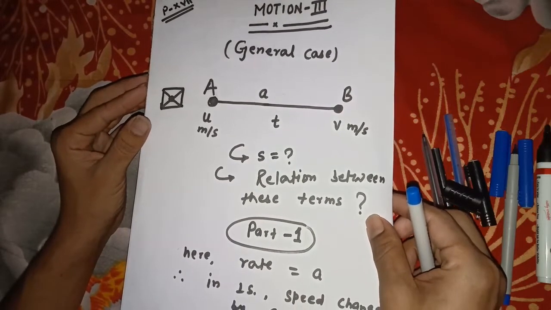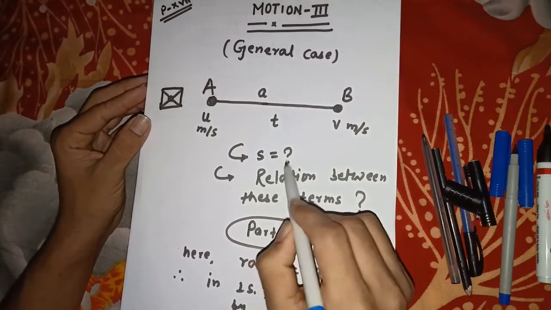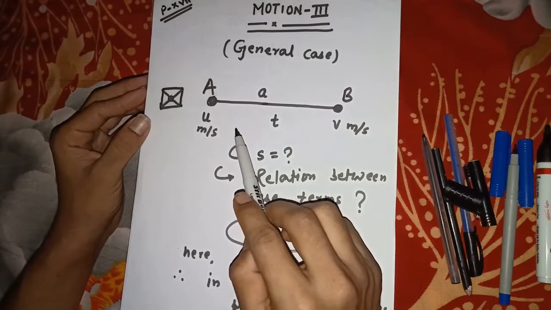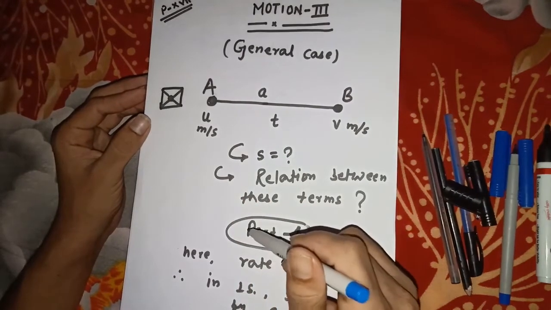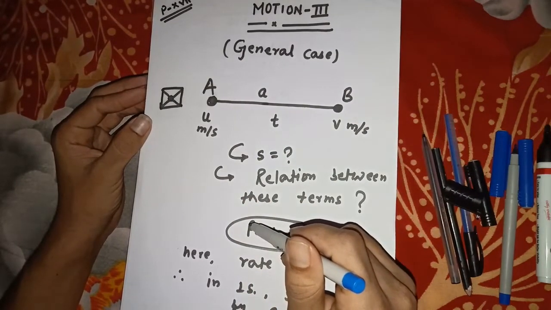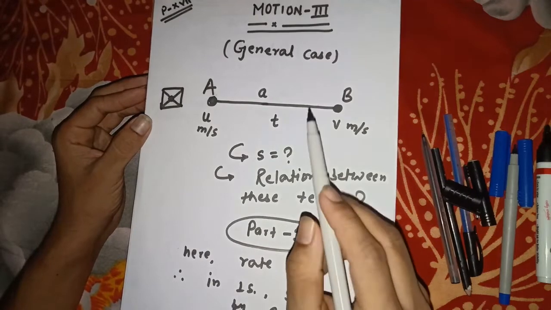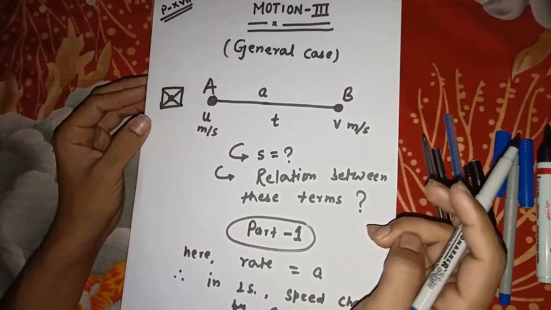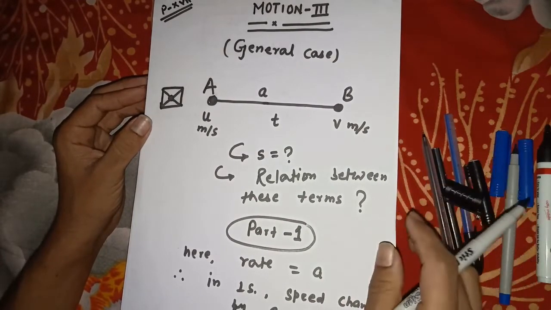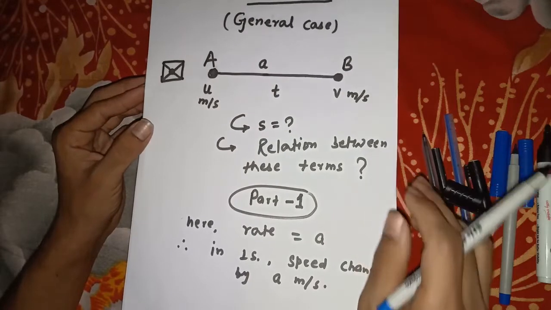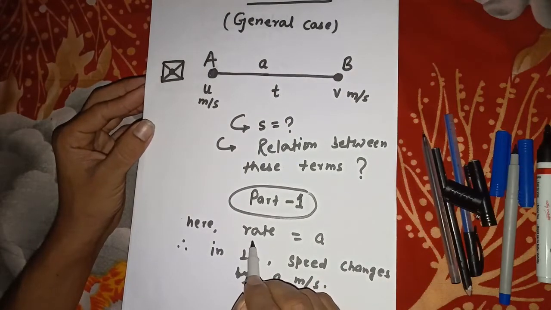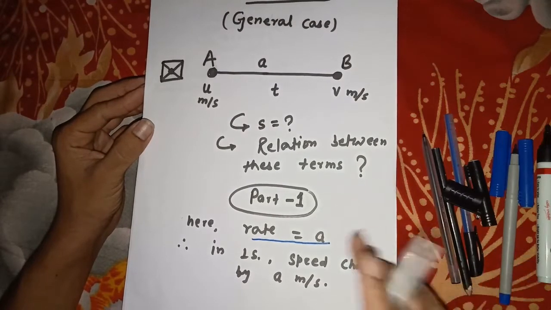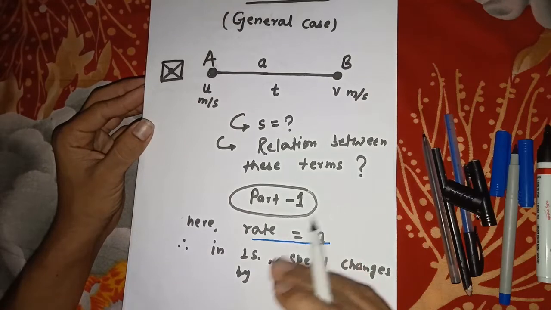So if I want to find the displacement of the body from A to B, how can you find the displacement from A to B? So in part 1, here the given rate is a meter per second square. What does the rate signify?